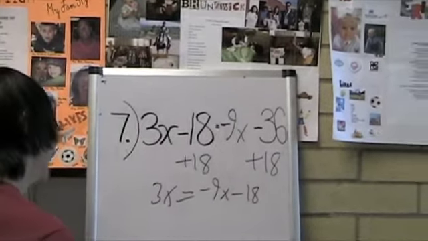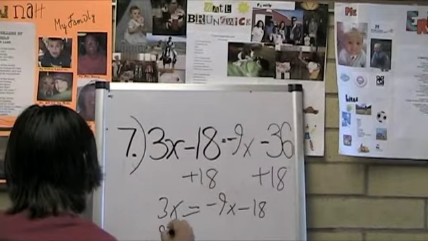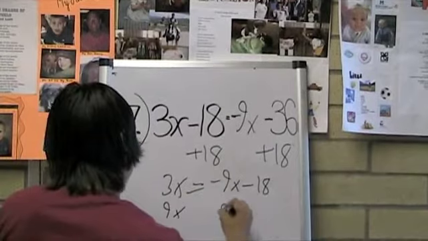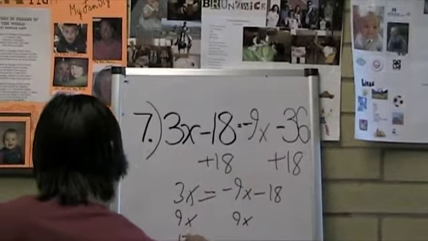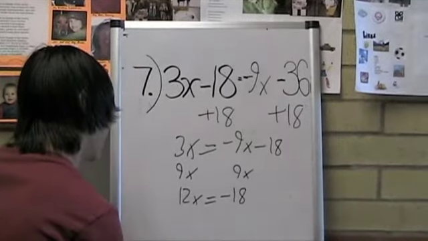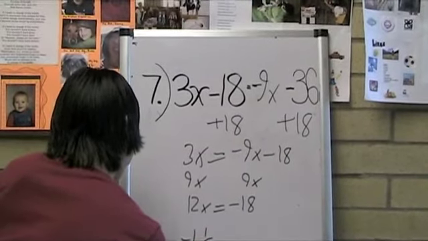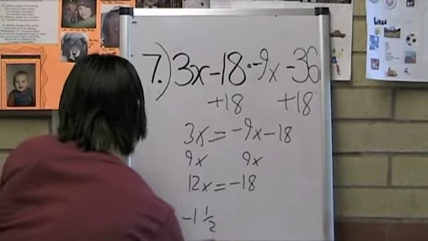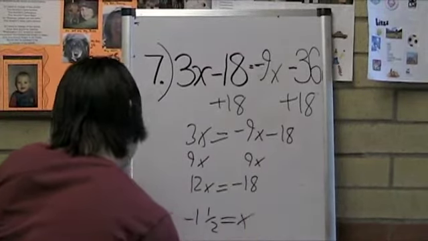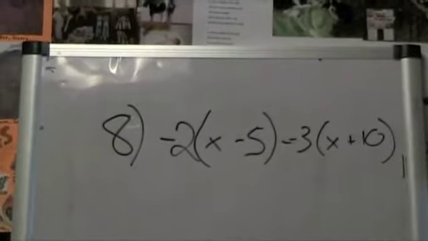From here you can add 9x to each side, so then you end up with 12x equals negative 18. Negative 18 divided by 12 is negative 1.5. So that equals x.